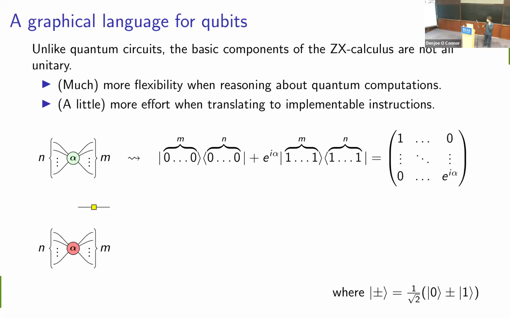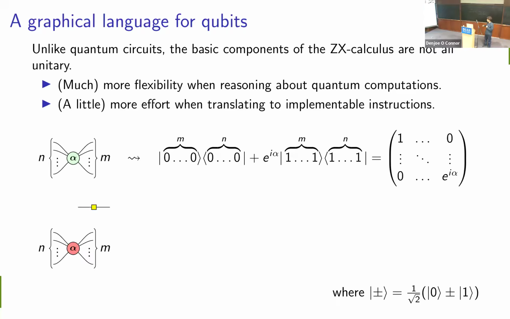The green spiders, the Z spiders, represent a map in the computational basis. We kind of project, well, projection isn't quite the right word because it's not necessarily something with equal numbers of inputs and outputs. But it's a generalized projection maybe, where either we expect all the input qubits to be in state 0 and all the outputs are then also in state 0, or we expect all the inputs to be in state 1 and then all the outputs are also in state 1, but we have this phase between the two things.